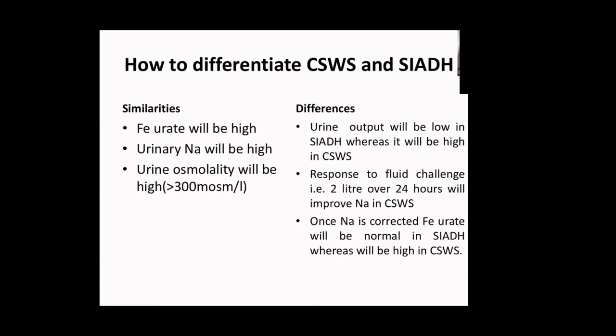So there are two different things which are happening. Urine osmolality is high in both conditions. In salt wasting, the urine osmolality is high because the sodium loss in urine is high. In SIADH, urine osmolality is high because the solvent in the urine is low, because the body is trying to conserve water. So how to differentiate?